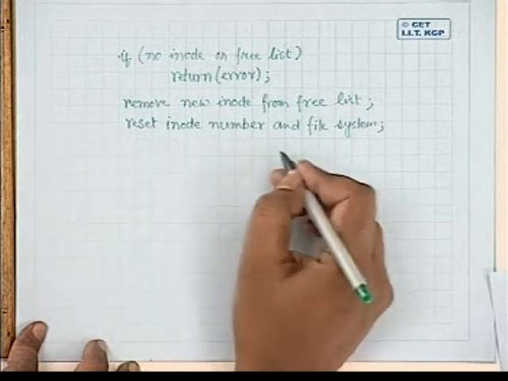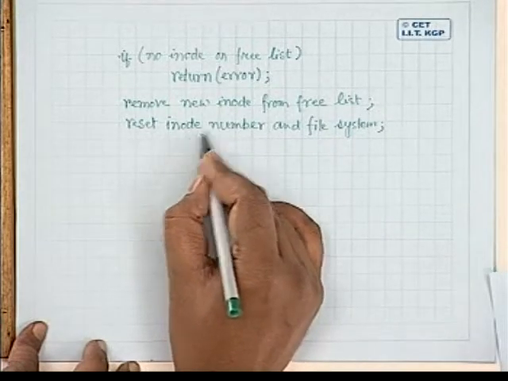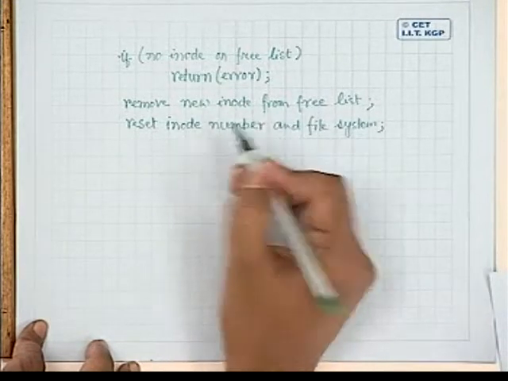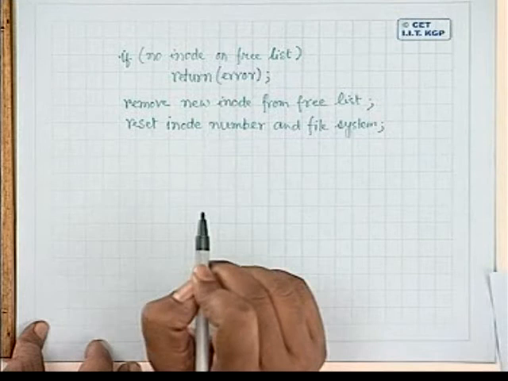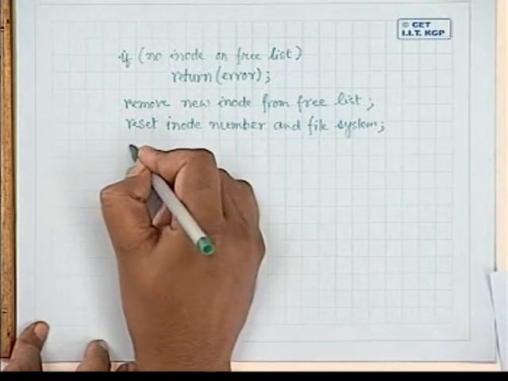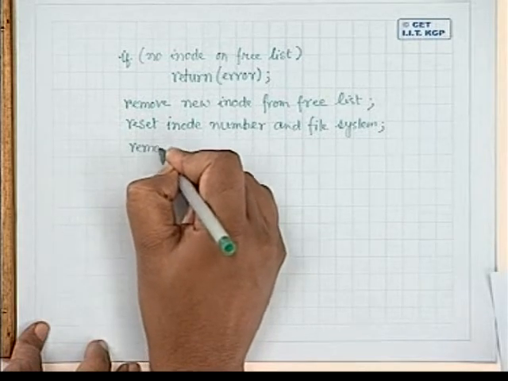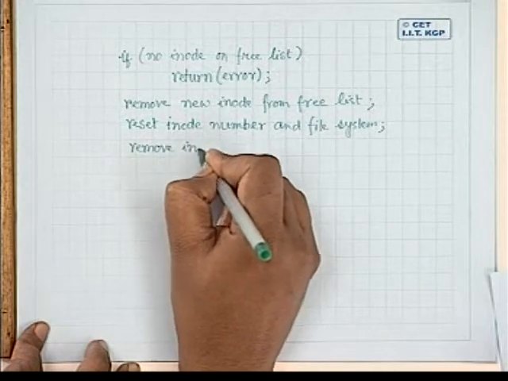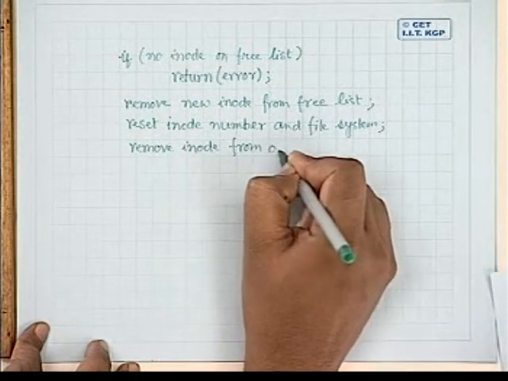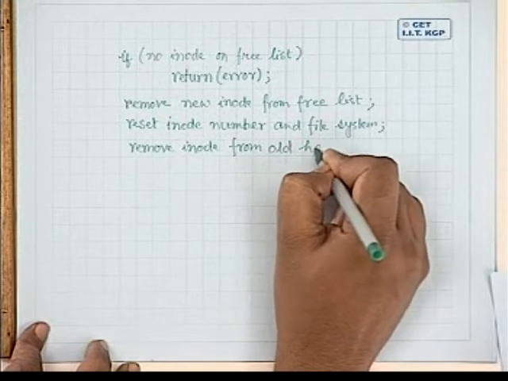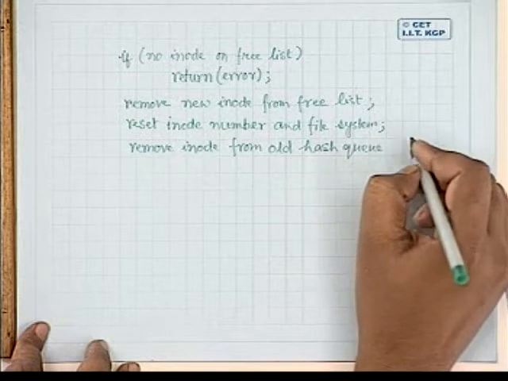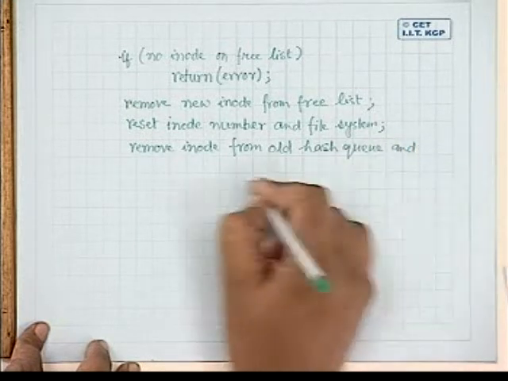Earlier, because the inode was having some other disk copy of the inode, it was put in some hash queue. Now it gets another disk copy, so it has to be put in the new appropriate hash queue. So we have to remove the inode from the old hash queue and put it in a new hash queue.